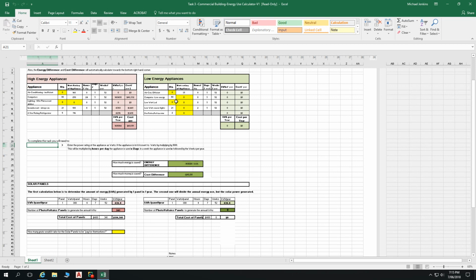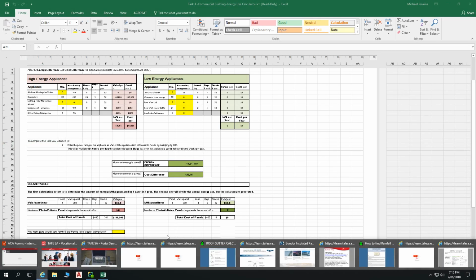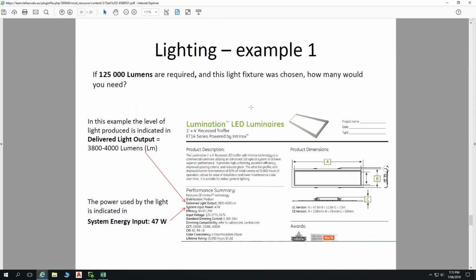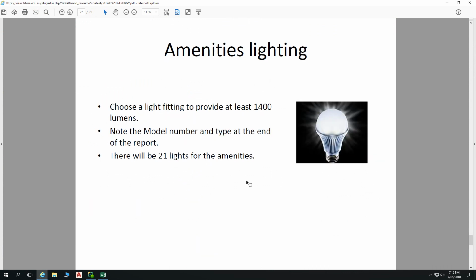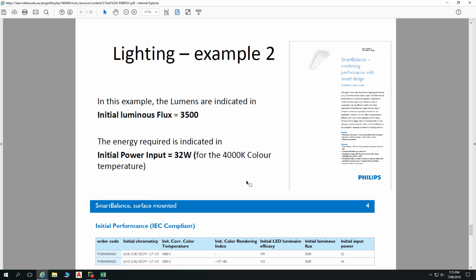So that was just the process for determining how many light fittings you need. Do you type in there and save it or something? Do you save that sheet? Yes, yeah.